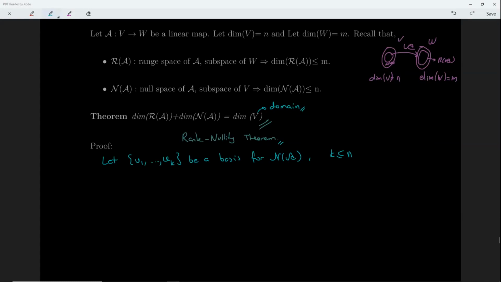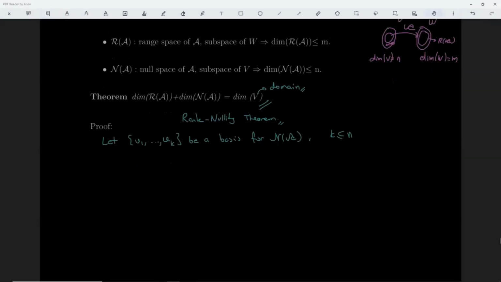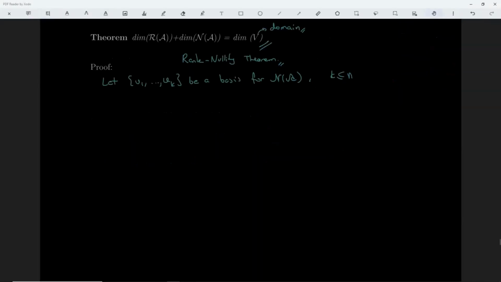Then the next step: since I'm looking for the dimension of V, I can complete this basis to be a basis for the domain itself.